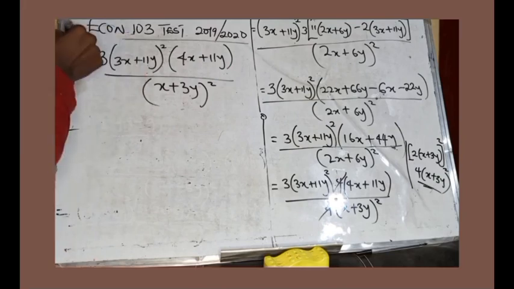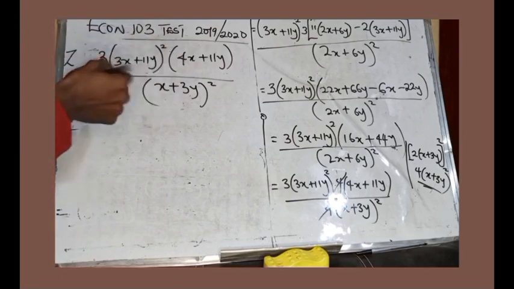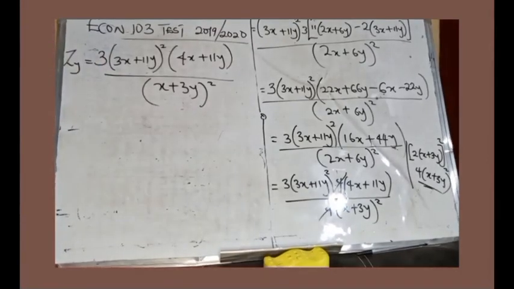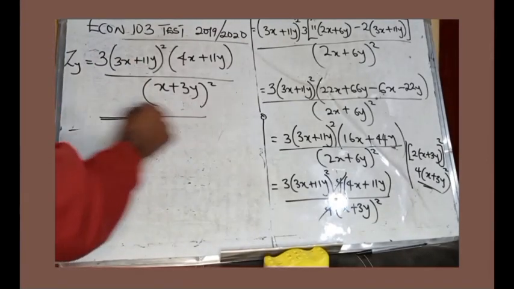So this one happens to be my z of y, as the first one was z of x. So this is what I have here as my answer.